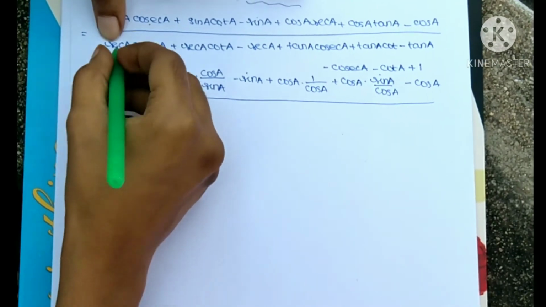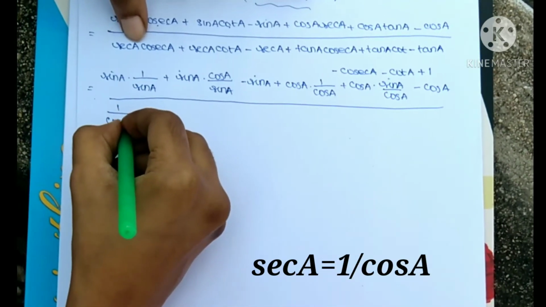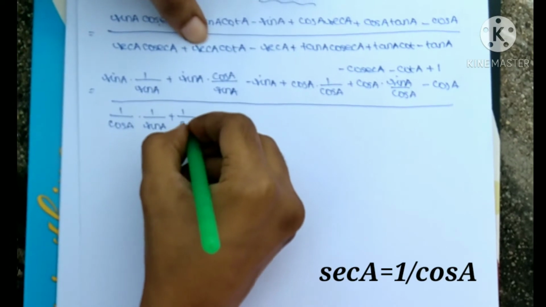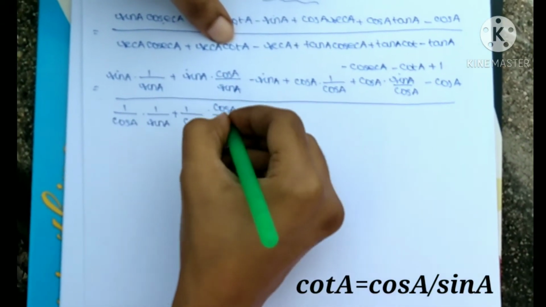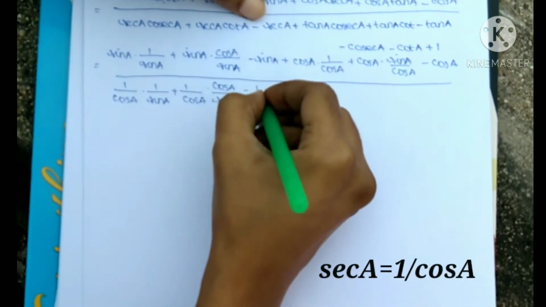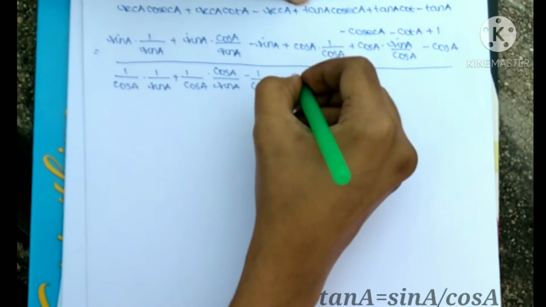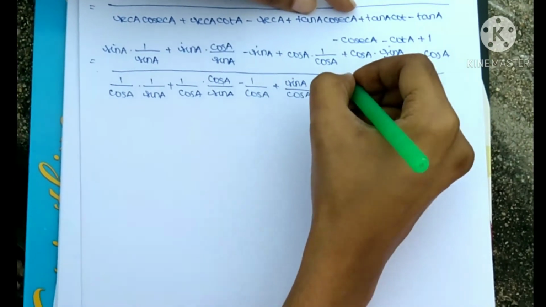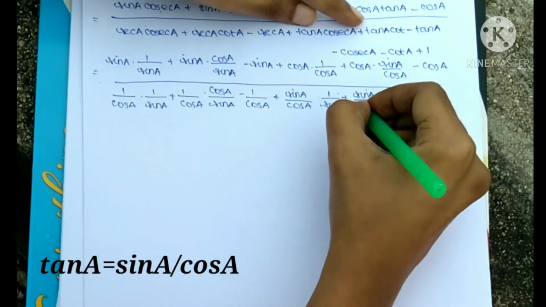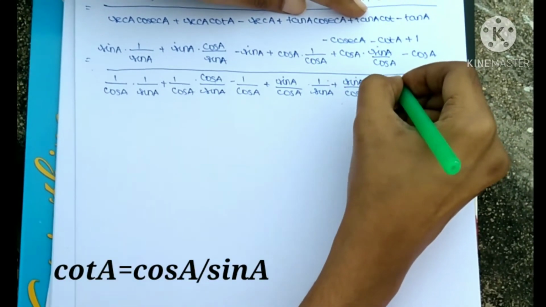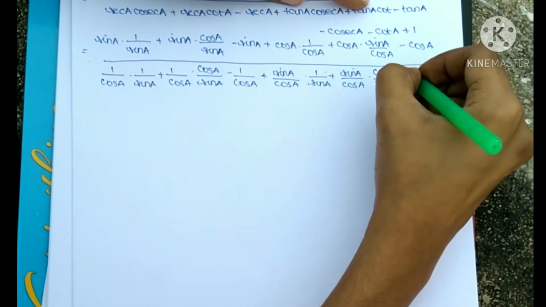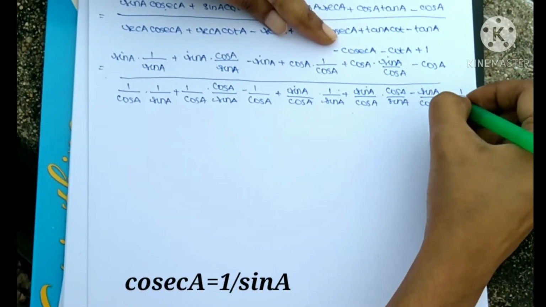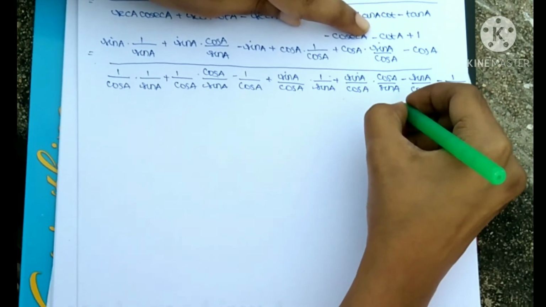Now here also change. What? Secant A what? 1 by cos A, cosecant 1 by sin A, plus 1 by cos A into cos A by sin A minus 1 by cos A, secant A we know, plus sin A divided by cos A into 1 by sin A plus sin A divided by cos A into cos A divided by sin A minus sin A divided by cos A. Now minus cosecant A what? 1 by sin A. This remaining term I write here.